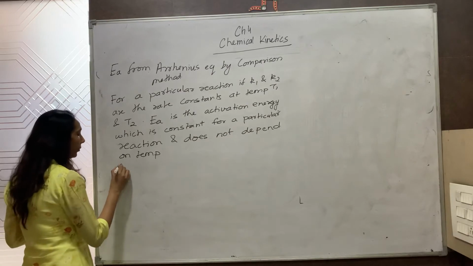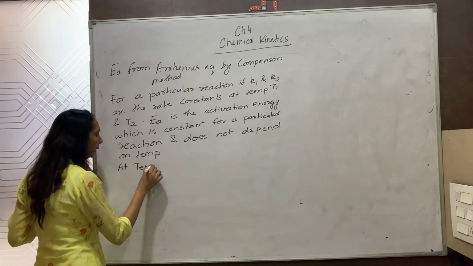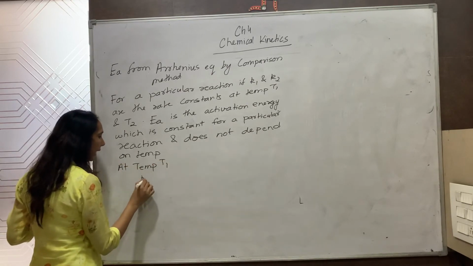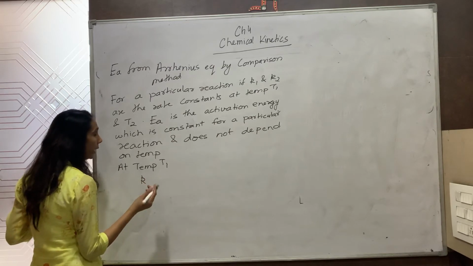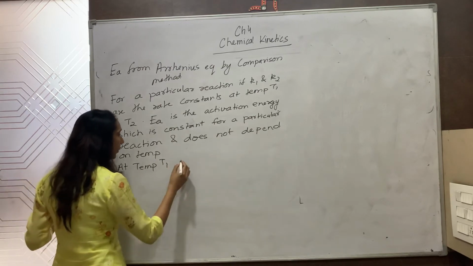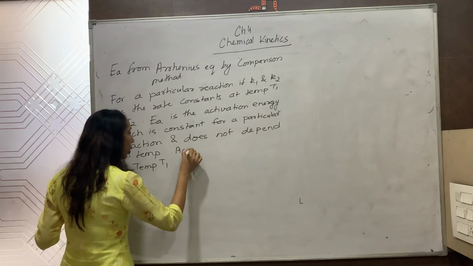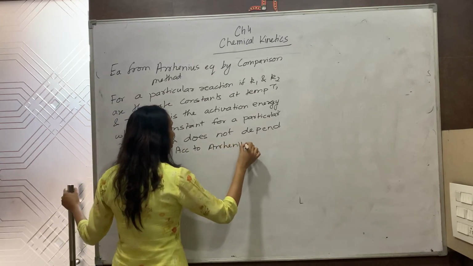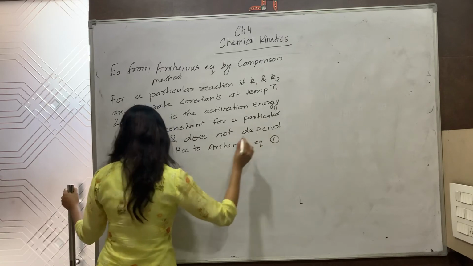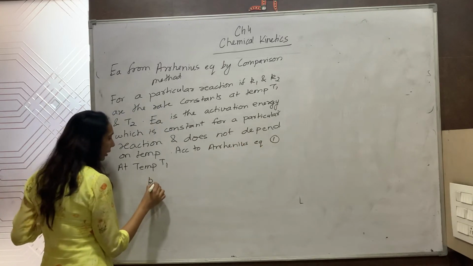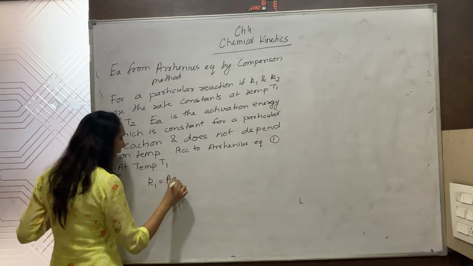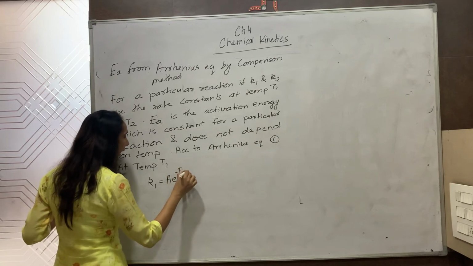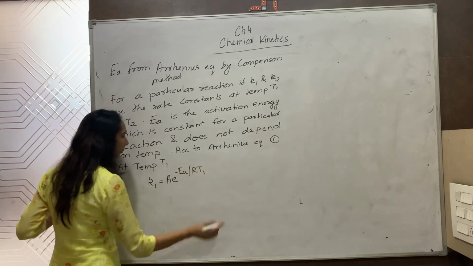Then let us see. At temperature T1, k1, according to the Arrhenius equation, is equal to A e to the power minus Ea by R T1.